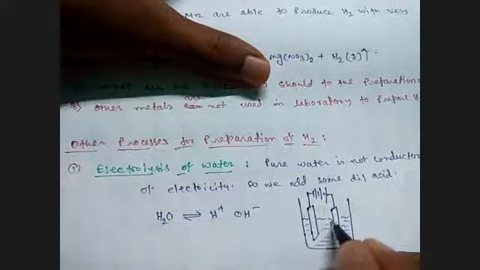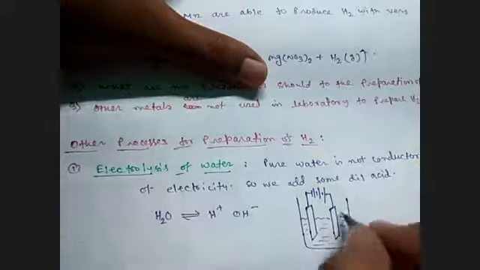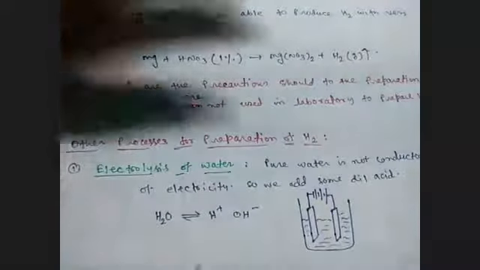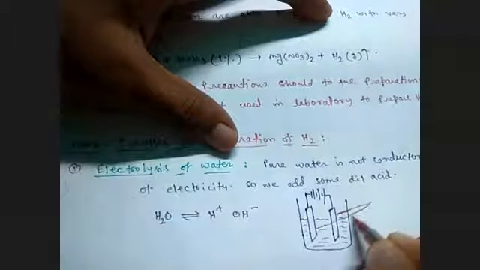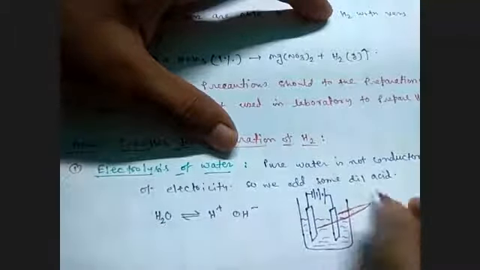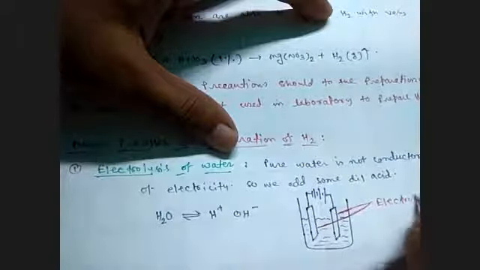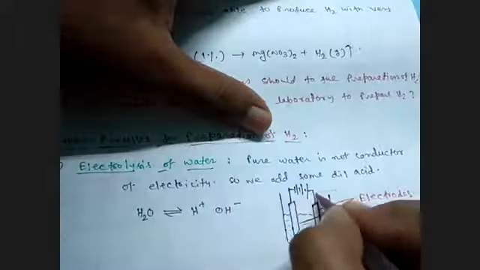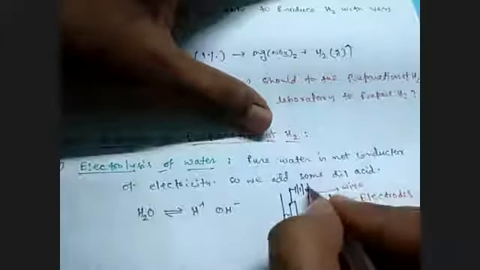These two metallic foils are called electrodes.